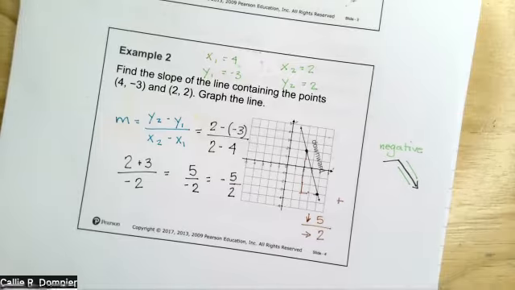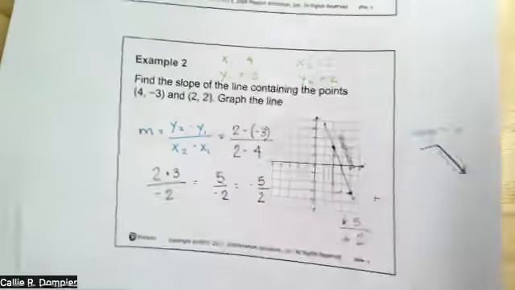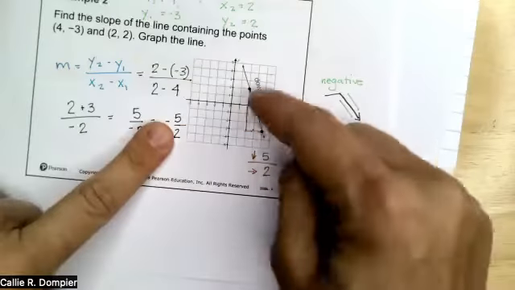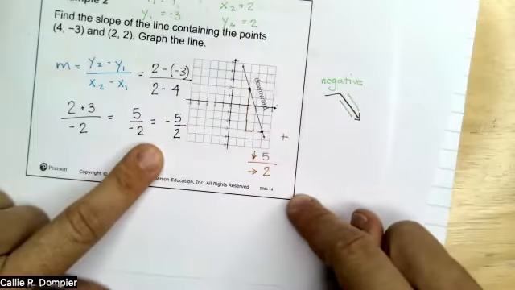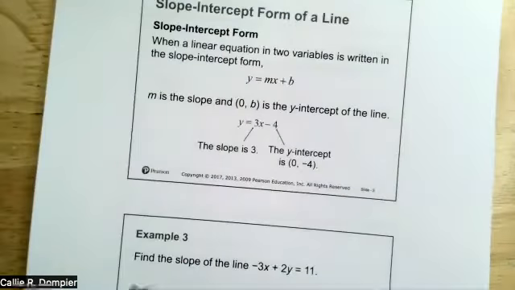Any questions? So the slope is -5 halves. If I chose another point, it would be -10 fourths, right? -15/6. Usually the fraction is just in its lowest terms.